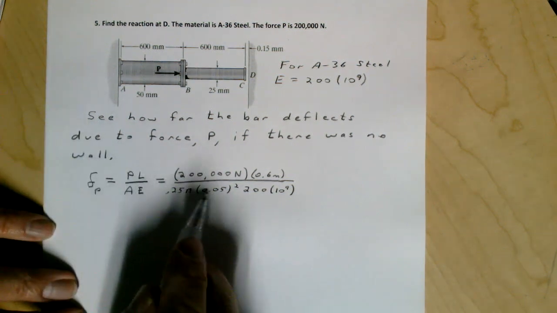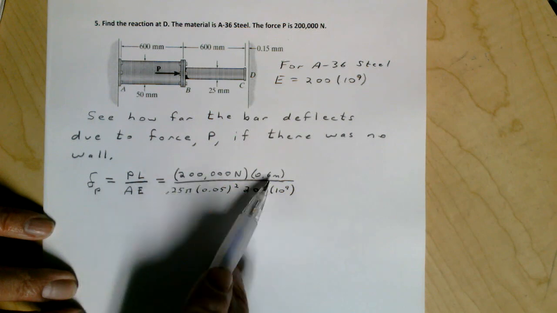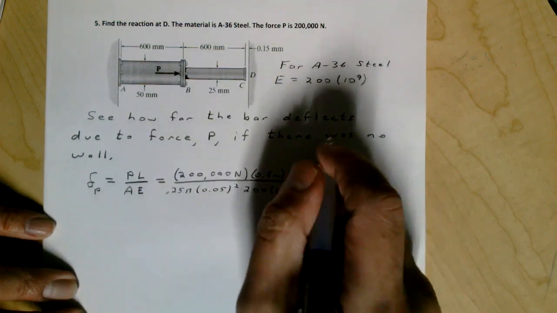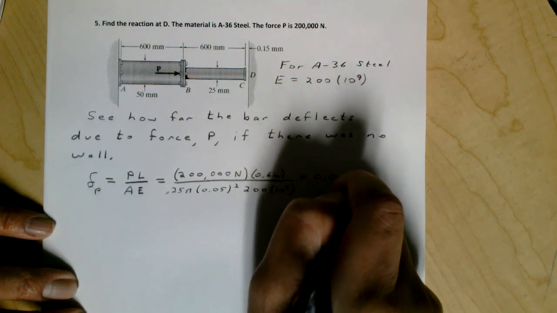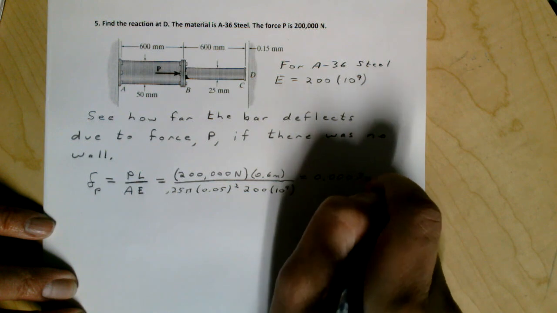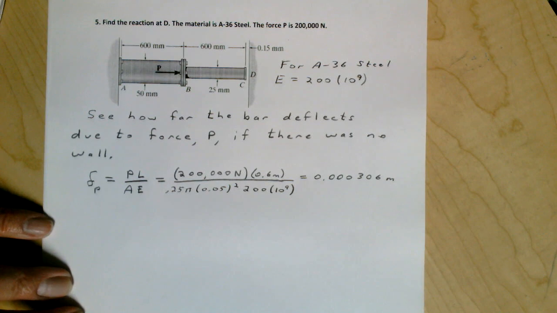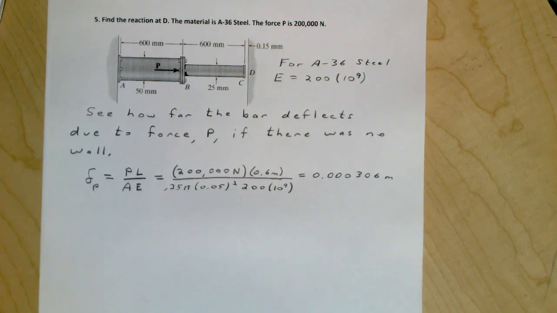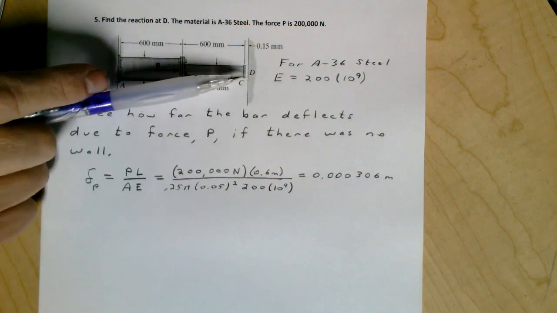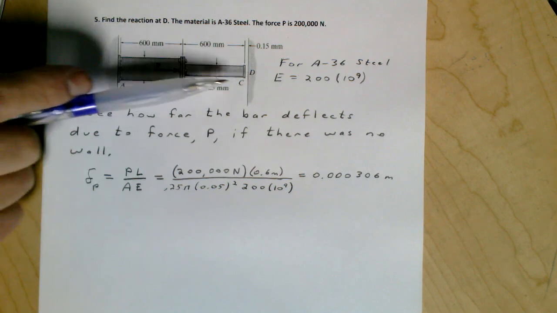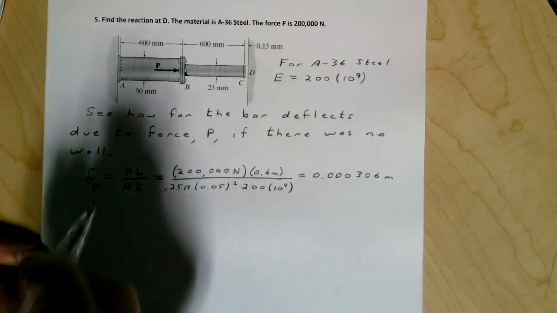Put all that in your calculator, and you get 0.000306 meters. So that's how much deformation there would be here if there was no wall.